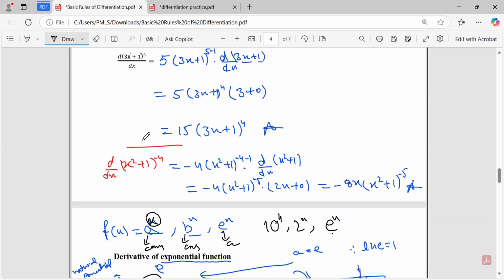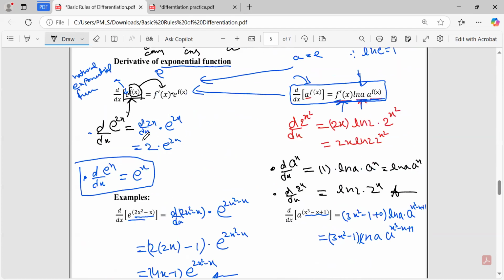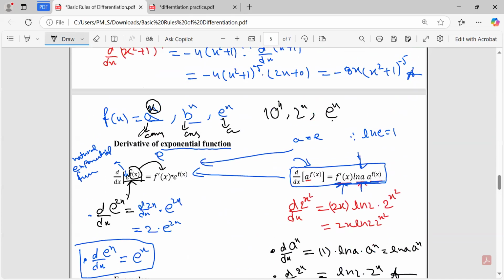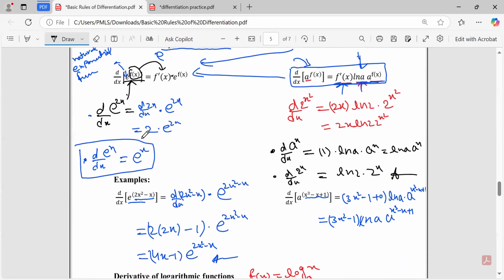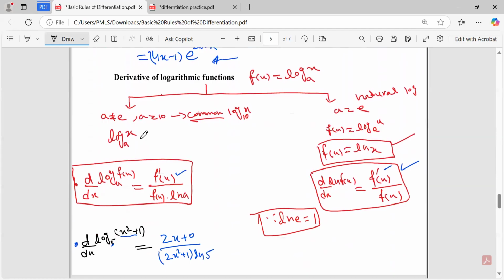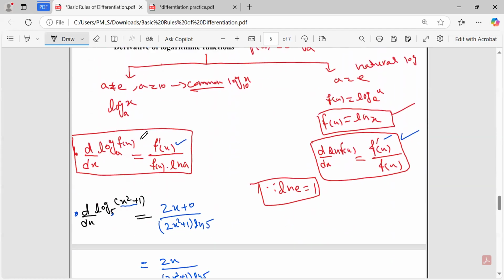And the derivative of exponential functions, two types: one is the natural exponential function, the other is when the base is not e. Exponential functions are functions in which the power has a variable and the base has a constant number. After that we have logarithmic functions, again two types: common or natural log, and log with base not equal to e.